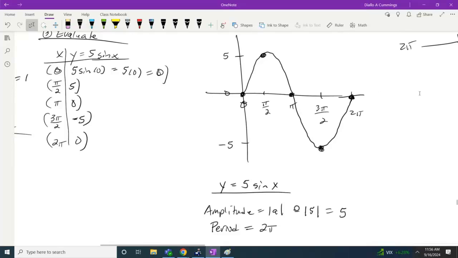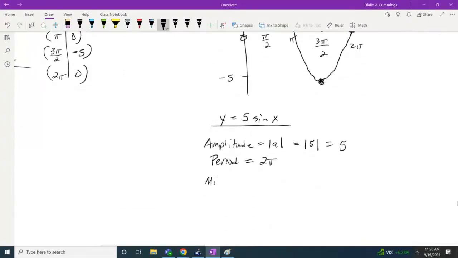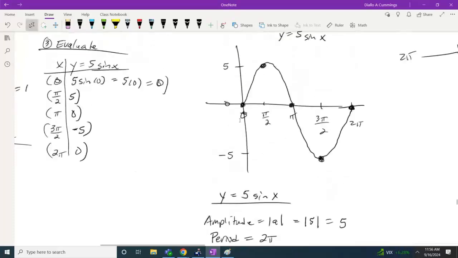They want you to write out an equation for the x-axis. So the equation for the x-axis is y equal to 0. So the midline is the line that cuts your trig function in half. So you must write that out as an equation, y equal to 0.